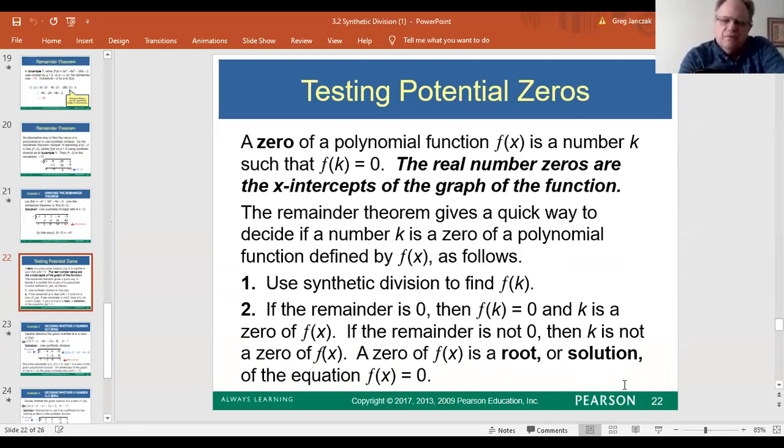Well, what is a 0? A 0 is basically an x-intercept. So if we ever get 0 as a remainder, then you know that divisor is a 0 or a root of our solution.